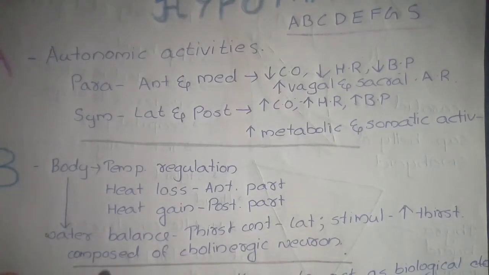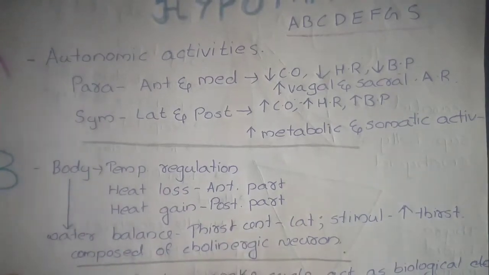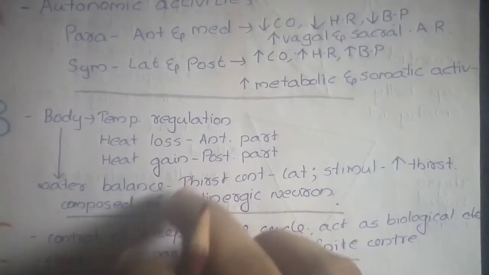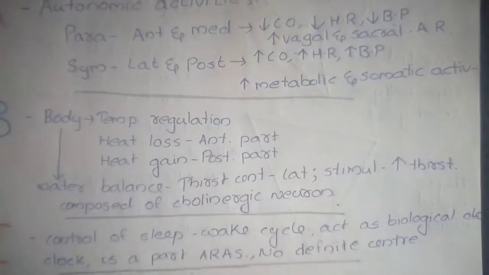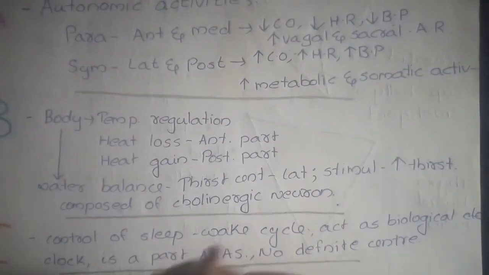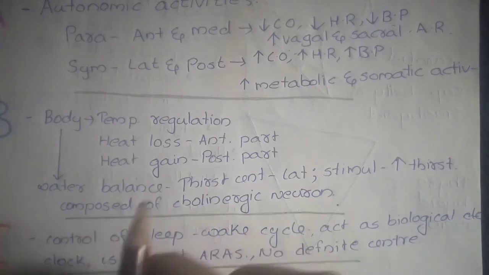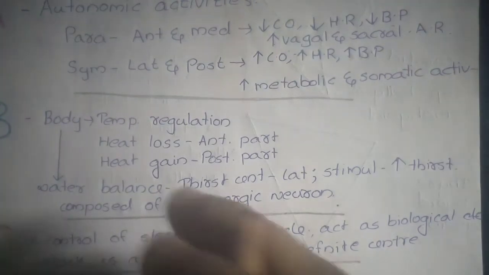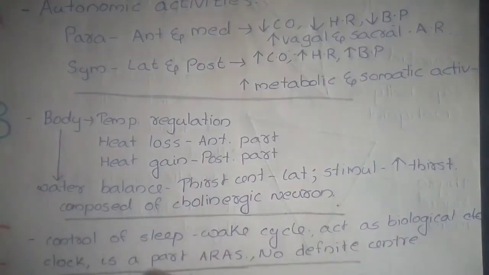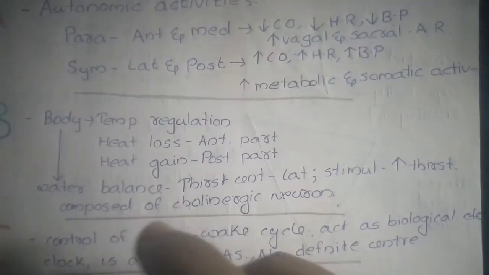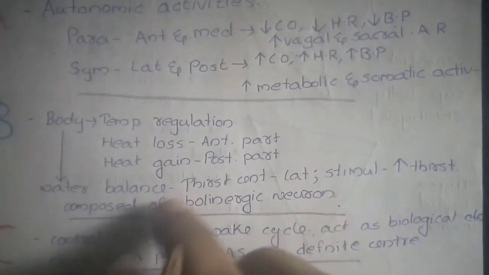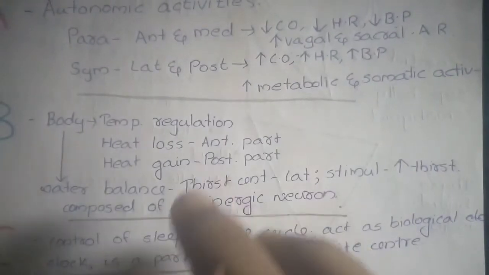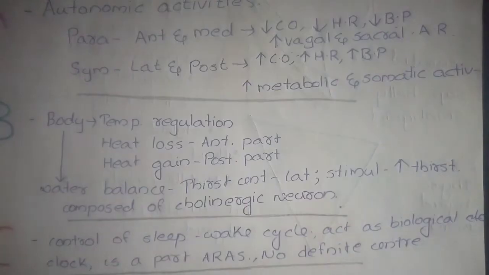The water balance should be maintained by the thirst center. By drinking water, we can maintain the water balance. The thirst center is present in the lateral hypothalamic region. The name itself suggests that stimulation of this thirst center increases the thirst, and this region is composed of cholinergic neurons.